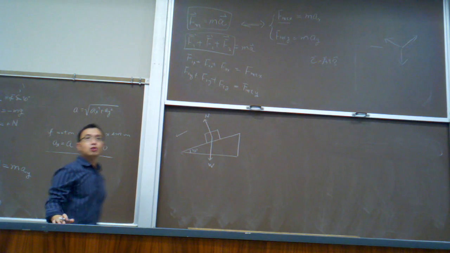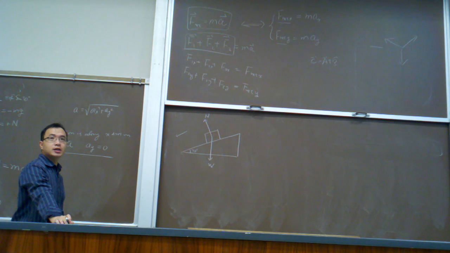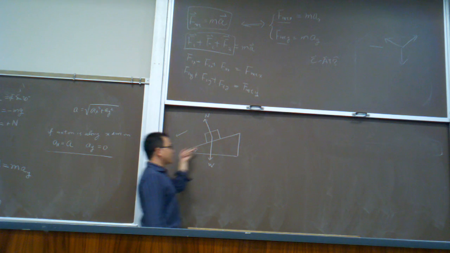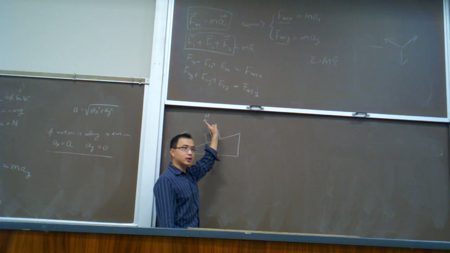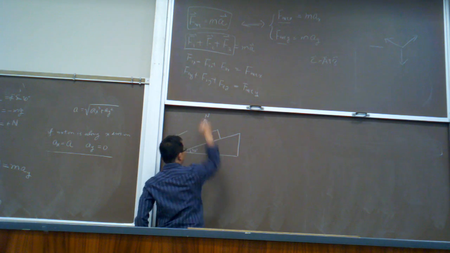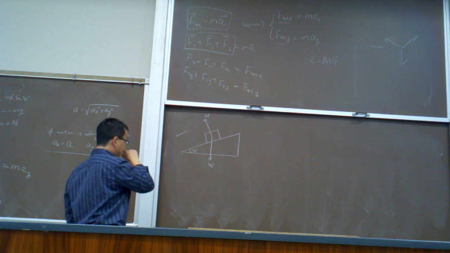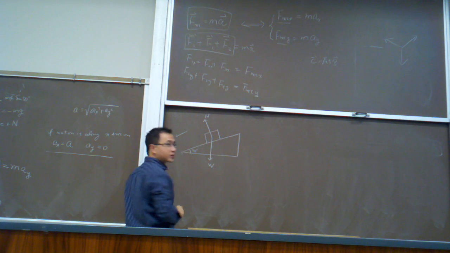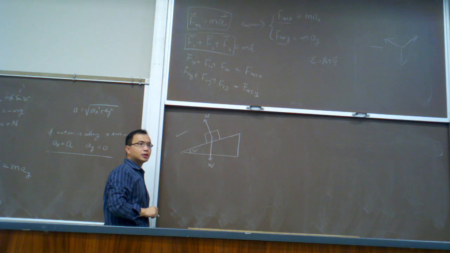Normal force may not be vertical. In the horizontal case, it's vertical because it's normal to the horizontal ground. In this case, it's normal to the inclined plane, so it's in this direction.